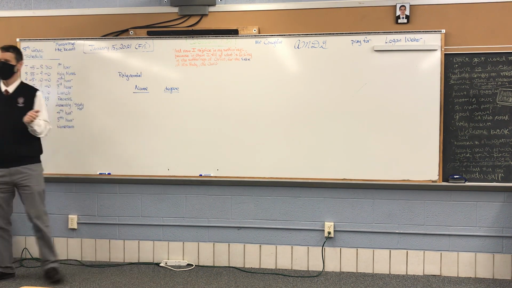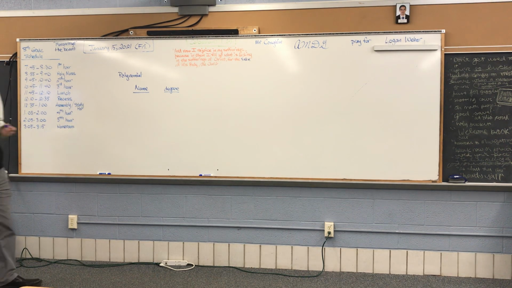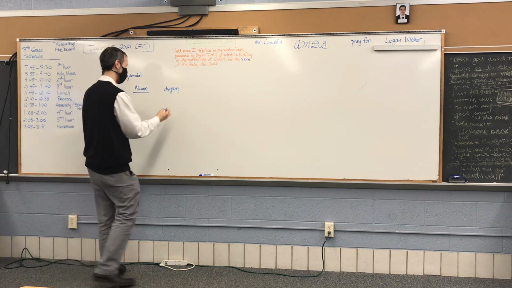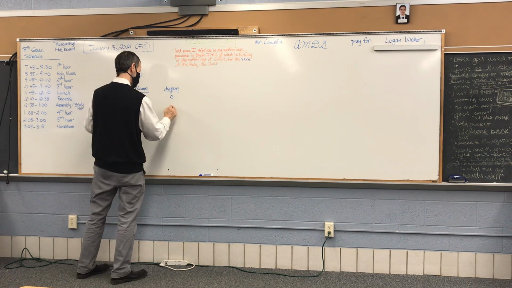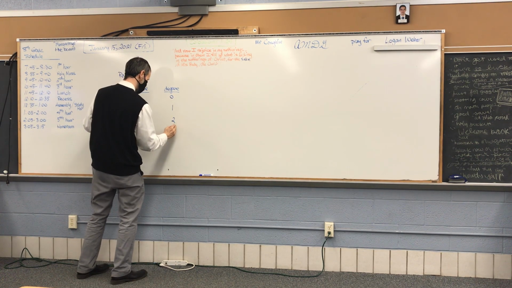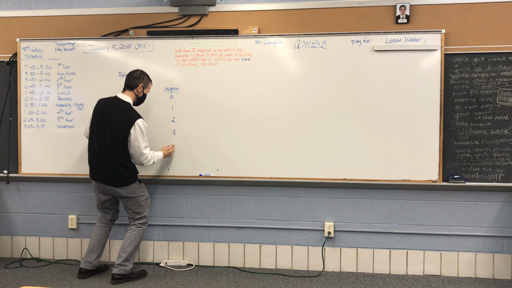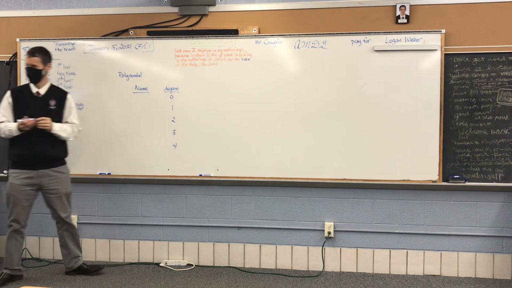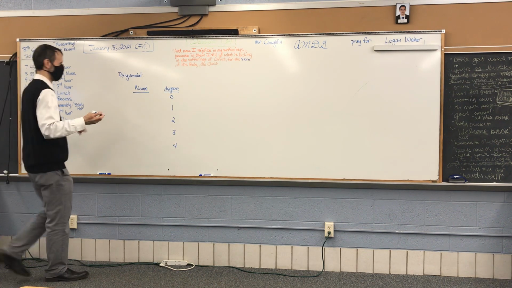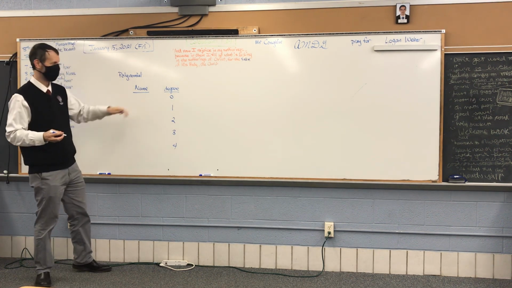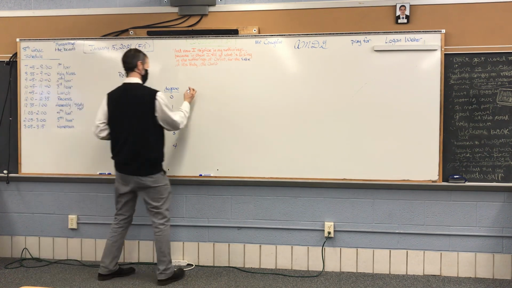Depending on the degree, it'll have a different name, like a certain type of polynomial function. The degrees that I want to talk about are degree 0, 1, 2, and 3. And I'm going to throw in 4, even though I don't think the book does it.